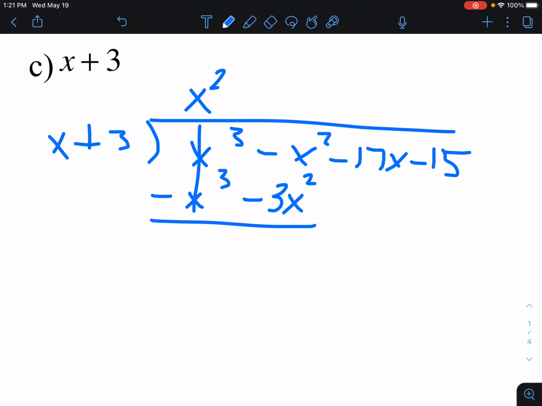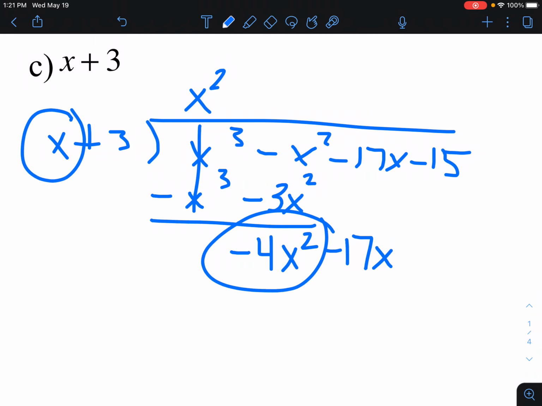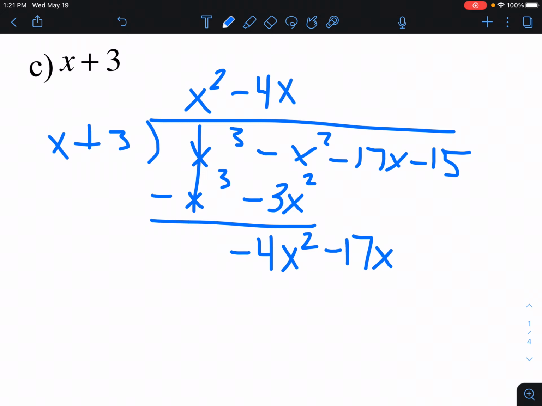Subtract the x squareds to have negative 4x squared. Bring down the next term. And start over again with dividing first term divided by first term. They would divide to have negative 4x. So now we're going to multiply twice.